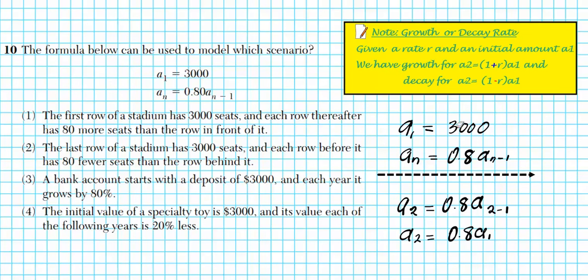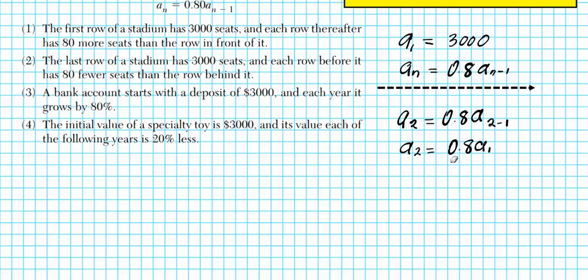All right, what is A1? A1 is 3000, so we're going to plug that in. Here, we have A2 is going to be 0.8 times 3000. Now, what on earth is this? Is this a decay or a growth? And by what percent? So this is the rate right here.